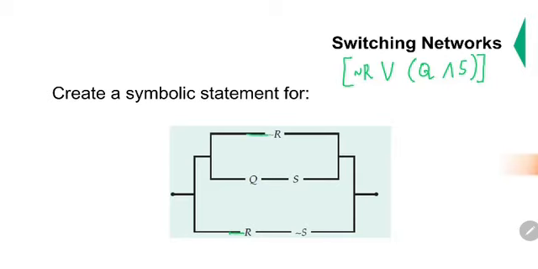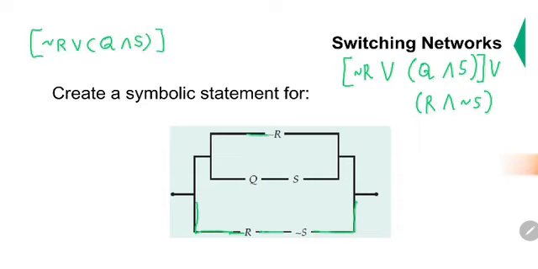Now we're done with the one above. Or you can take the one below. If you pass through R, you must also pass through S to reach the end. Okay, let me rewrite that to be clearer: Q and S, or R and negation S. That's your symbolic statement.